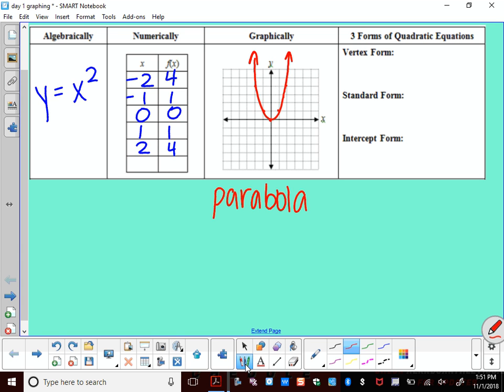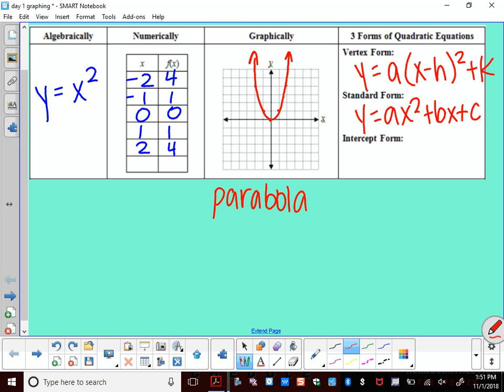Alright, vertex form we've seen before. This is y equals a times (x minus h) squared plus k. We've seen that, but we've seen it with absolute value bars. Standard form, you've also seen, is y equals ax squared plus bx plus c.